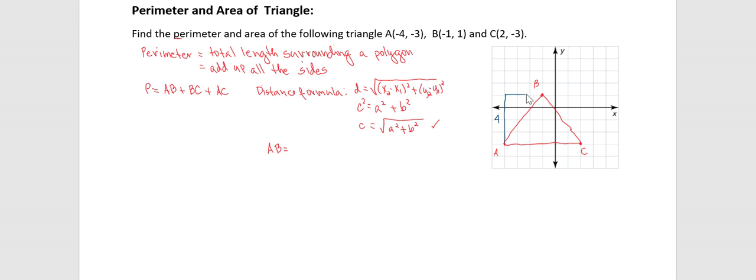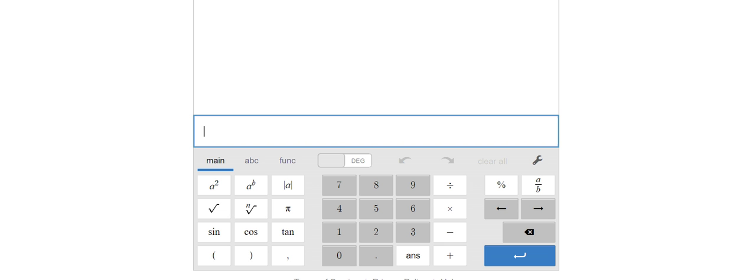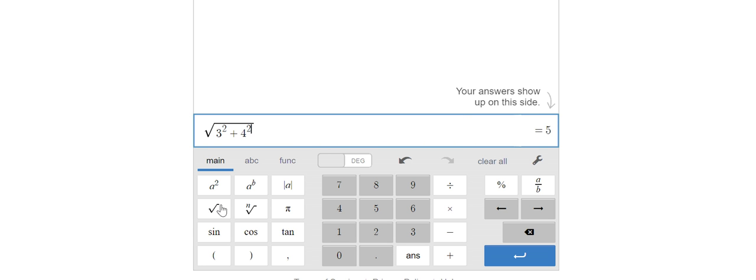Then 1, 2, 3 towards B. So the distance between points A and B, or the length of side AB, is equal to the square root of 3 squared plus 4 squared. Then you use your scientific calculator to determine that square root. And that is equal to 5.